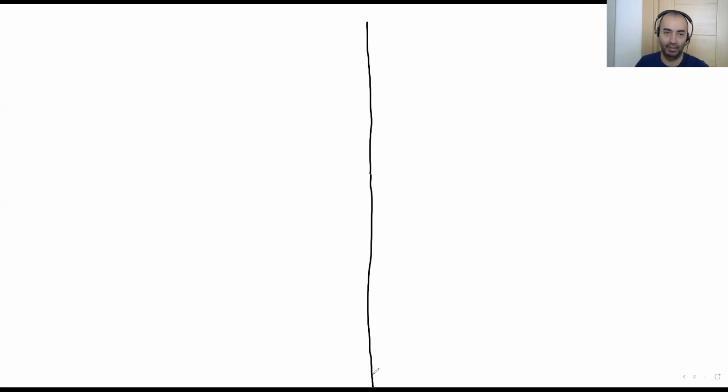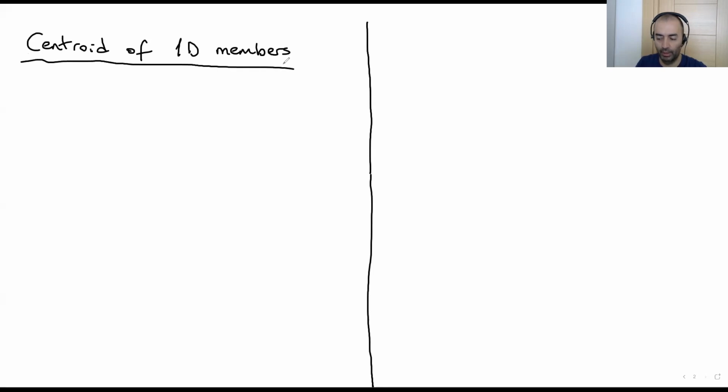Yes, here, centroid of 1D members. Okay, if I give you a line, let's say this is a straight line, can you tell me where is the center of gravity or centroid point?